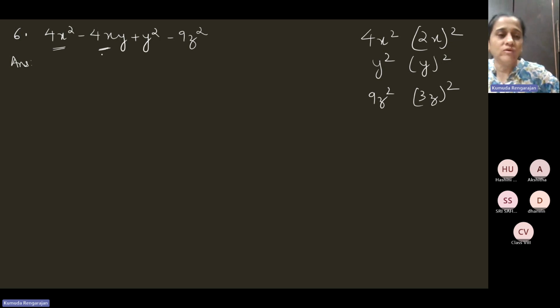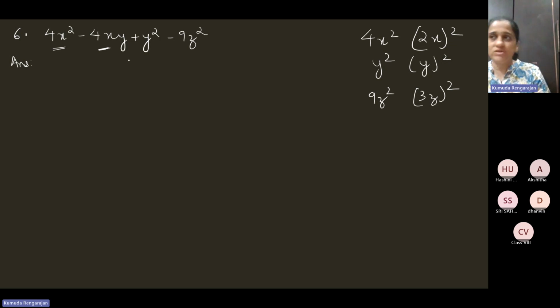So what you have to do is group this xy term with x squared and y squared. How many terms are there in this expression? 4 terms. Of the 4 terms, 3 terms are perfect squares. Now look at that 4th term, which is not a perfect square. What is it? It is 4xy.